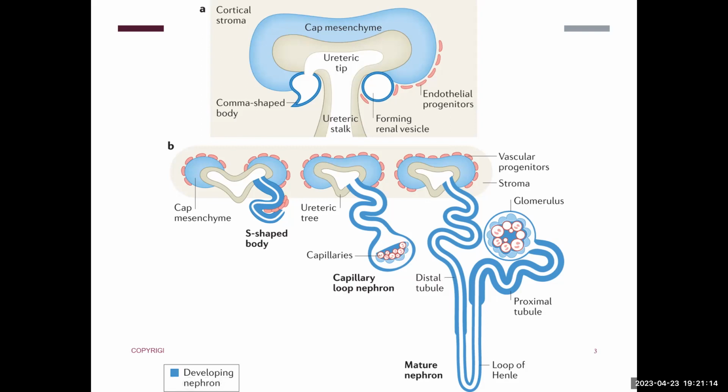This activity will form the afferent and efferent arterioles of the glomerulus. Contact between the podocyte precursors and the endothelial cells stimulates differentiation of the podocytes, with the glomerular basement membrane forming at the boundary between the two. You can see that happening here.